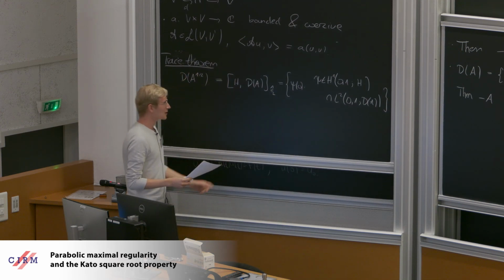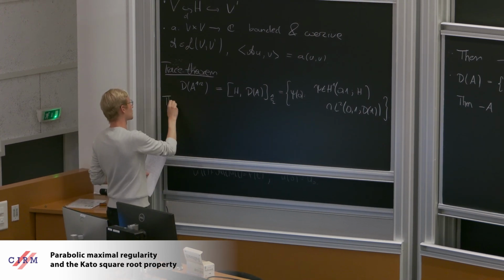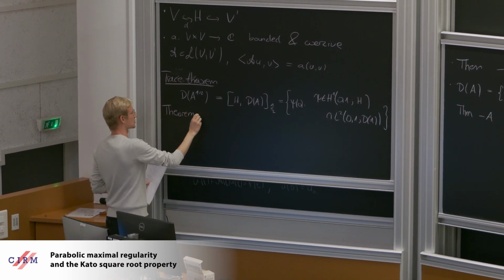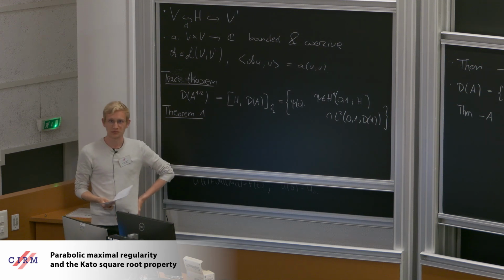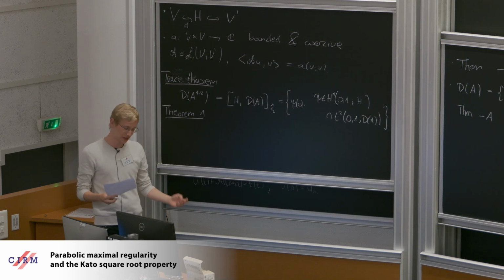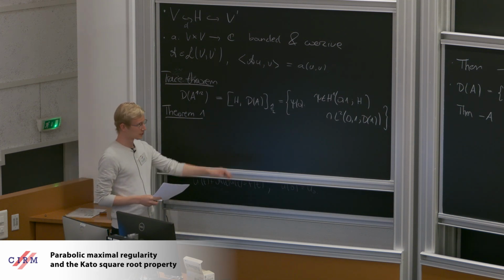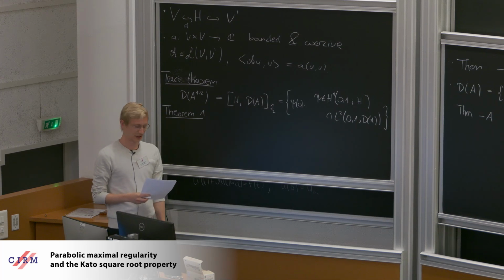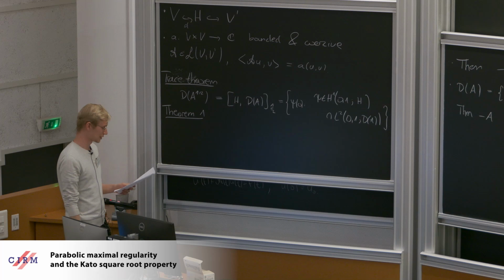Okay, so next I want to mention a theorem which then makes use of this trace theorem and basically gives you an answer to the question whether one has maximal regularity in H for the parabolic problem, which comes from this operator, minus A, that we've just defined from the form little a.